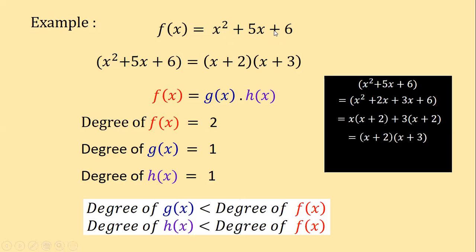Why is it reducible? Because you are able to write this as a product of two linear factors. Obviously the degree of a linear polynomial is less than the degree of a quadratic polynomial. Yes or not? So it is called a reducible polynomial.